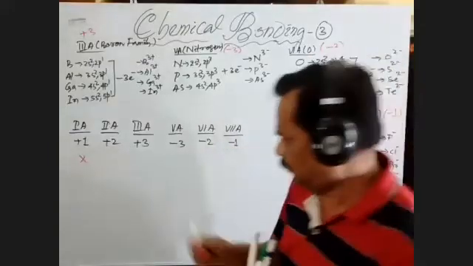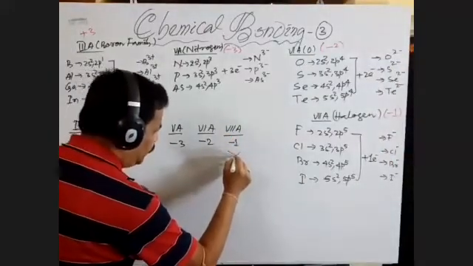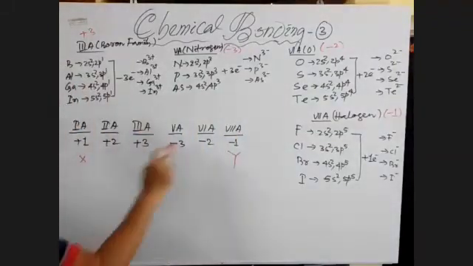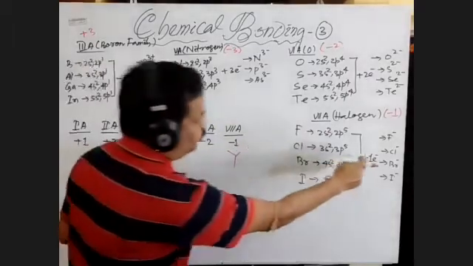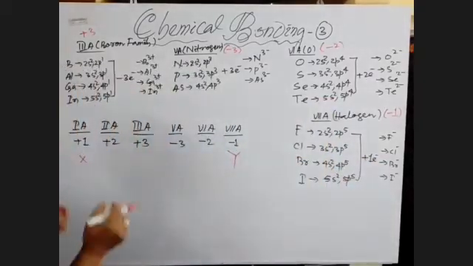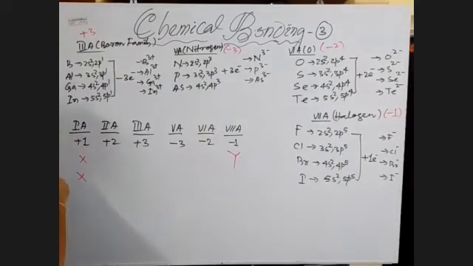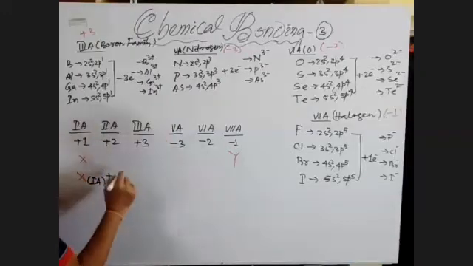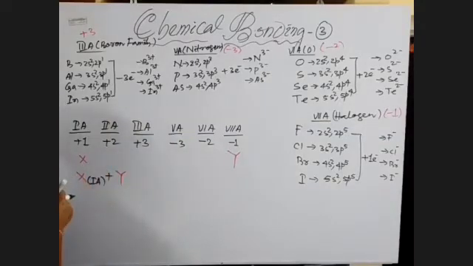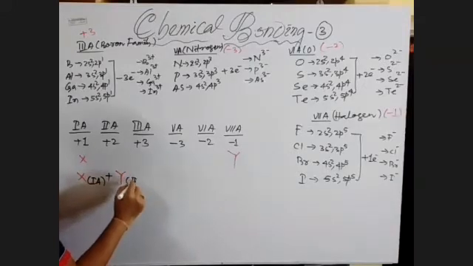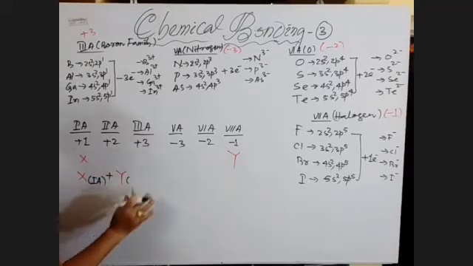That means the Y element can be taken from the seventh A, because seventh A elements have a tendency to gain one electron. So this combination is possible, where X is from 1A and Y is from the seventh A.